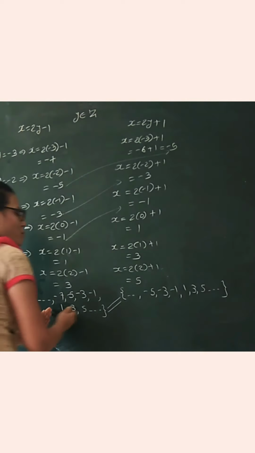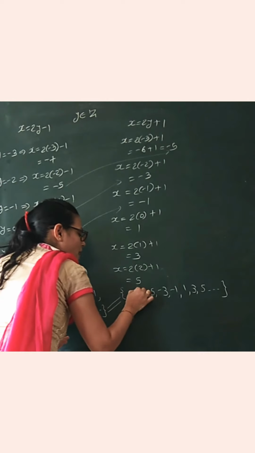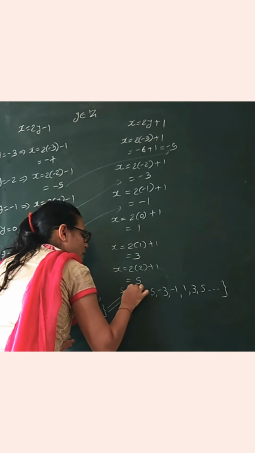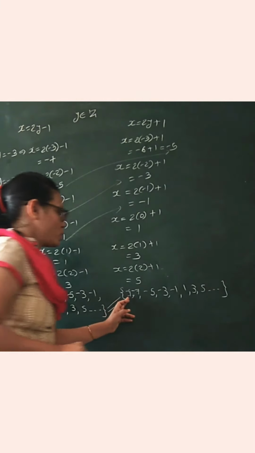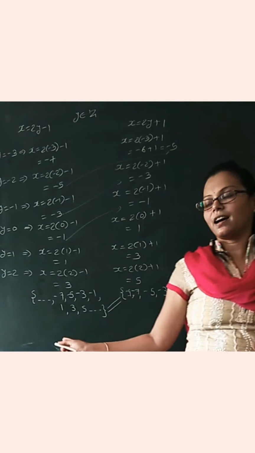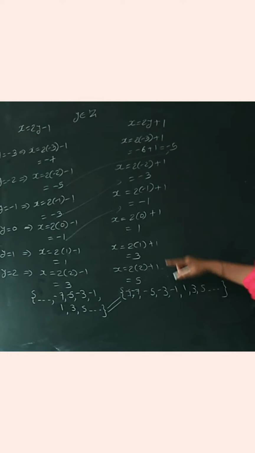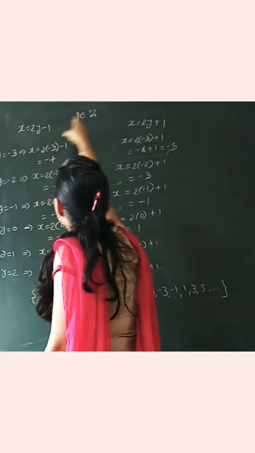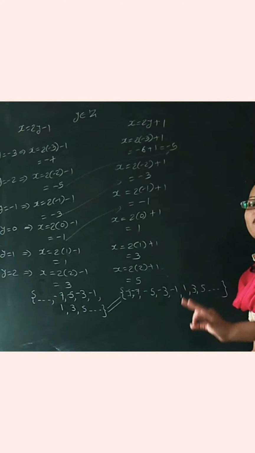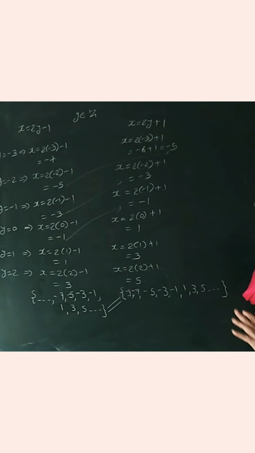So you can see both sets are equal because here I can also write minus 7, and minus 9 I can also write. Okay, so both sides are equal. So you can say the set of odd numbers, you can write it as 2y minus 1 and also 2y plus 1. Okay, I hope it is clear guys.